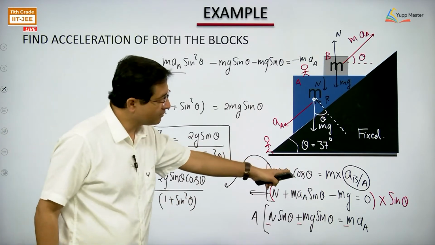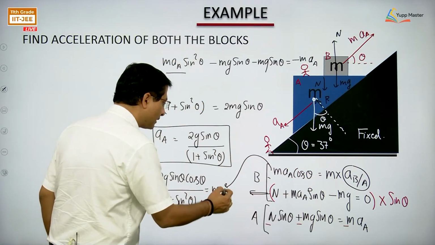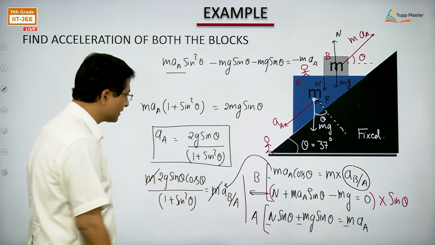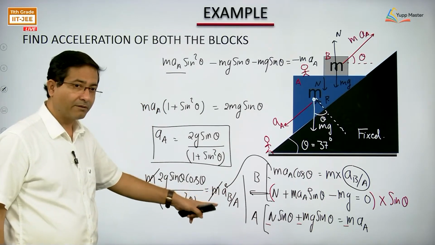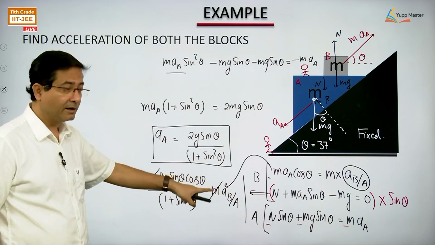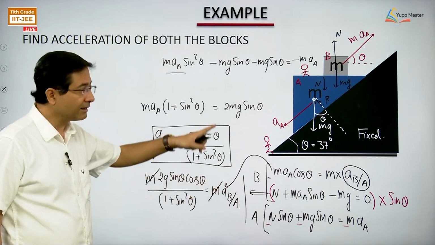I substitute this value here, and m gets cancelled out. Do remember that whatever we got here is the acceleration of B with respect to A. In that I need to add the acceleration of A with respect to ground, then I will get the acceleration of B with respect to ground.